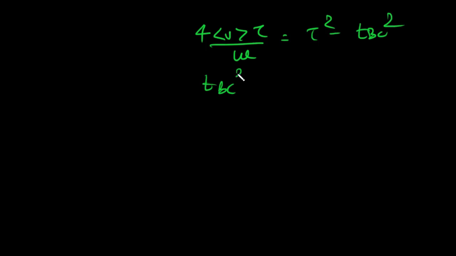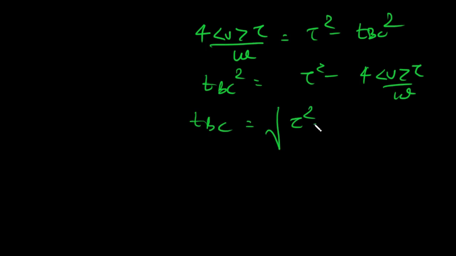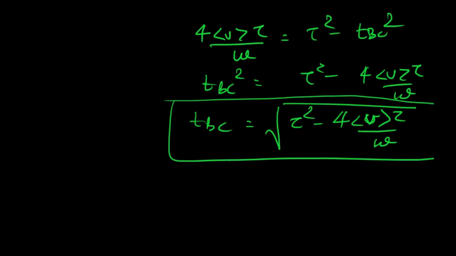So what is time BC square? This would be tau square minus 4 V tau by W. So time BC is under root tau square minus 4 V tau by W. This is the answer. This is average velocity V, this is tau, this is W. Alright, this is my answer.